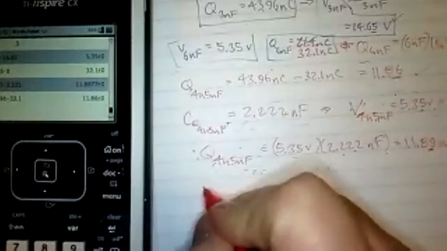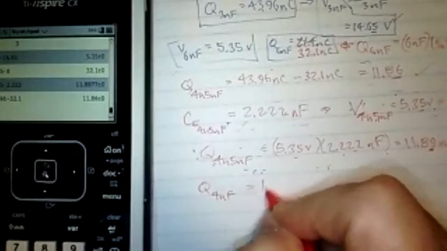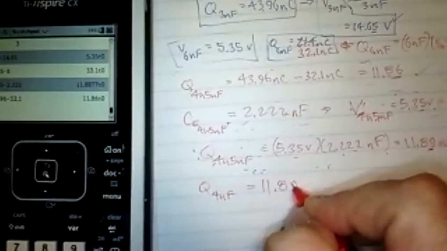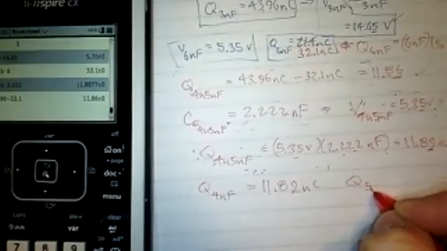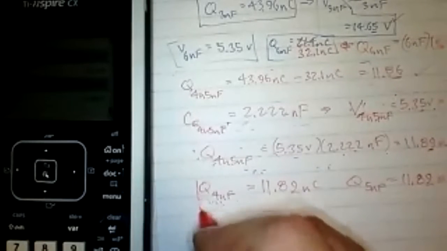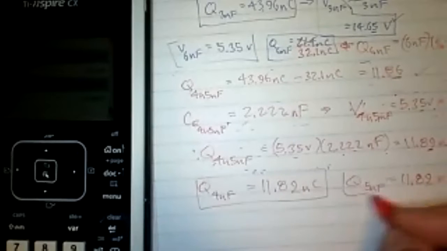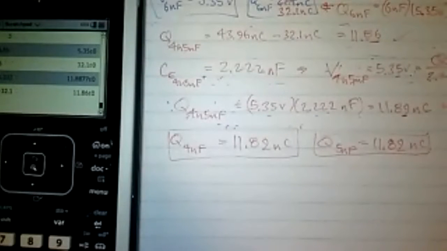So I can now say the charge on the 4 nanofarad is equal to 11.89 nanocoulombs, and the charge on the 5 nanofarad is 11.89 nanocoulombs. So I've got those two now. Now I can also calculate the two voltages, and they better add up to give me 5.35, or else something's wrong with the world, right?